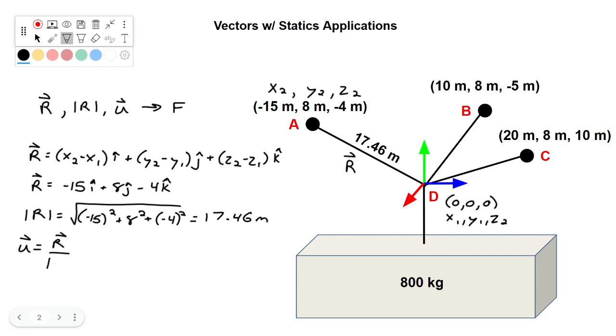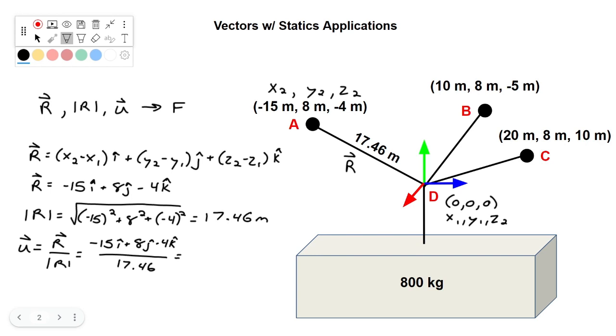It's just the vector divided by its own magnitude. So we're going to have negative 15i plus 8j minus 4k all over 17.46. And we're going to do this division one component at a time.